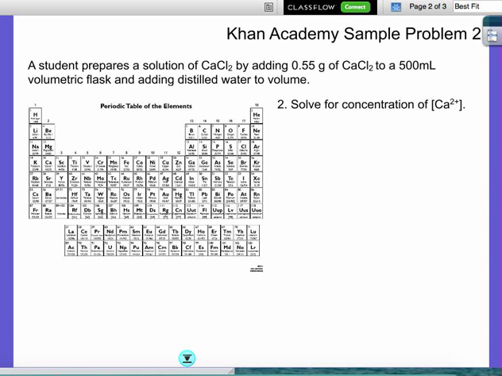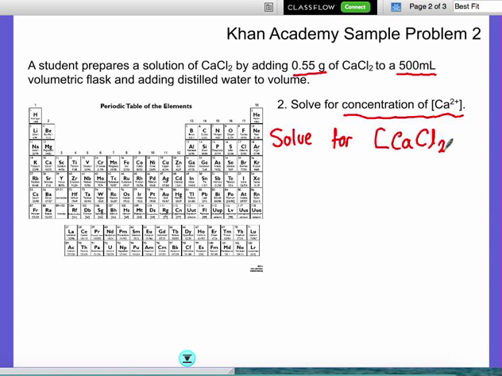So let's do some calculations. If the student prepared the solution by adding 0.55 grams of CaCl2 to 500 milliliters, in order to solve for the concentration of Ca2+, first we're going to solve for the concentration of CaCl2 of the whole thing.